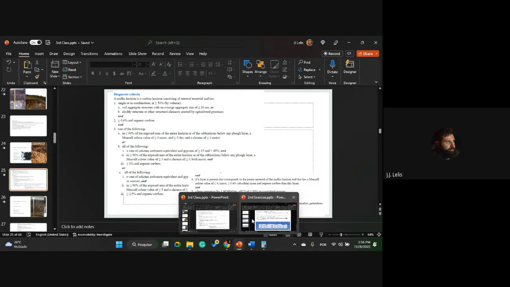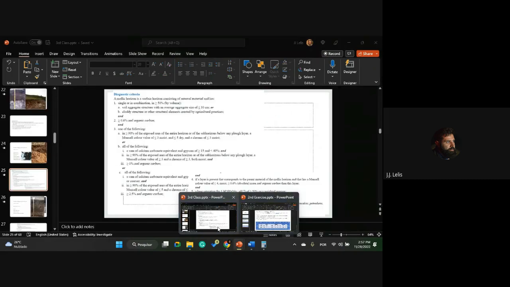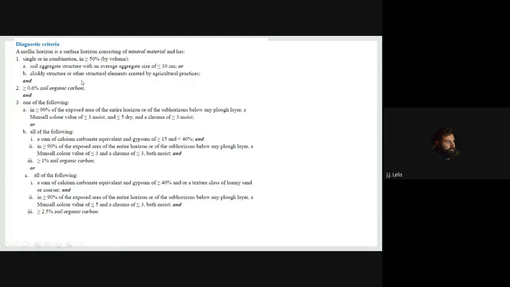We have coarse aggregates that are not extremely coarse or very coarse, so they don't have a very high size. They could present a cloddy structure, okay, but one or the other.